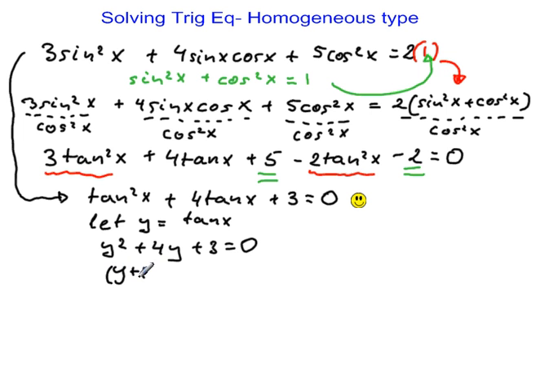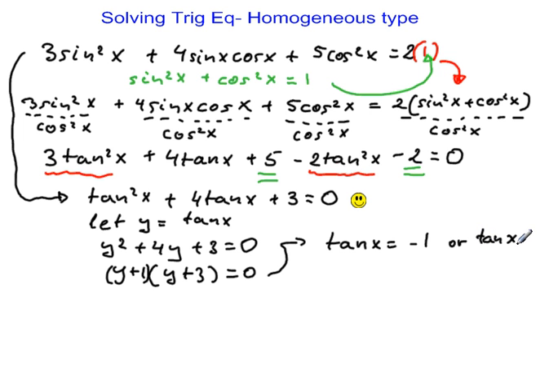If factoring is not feasible, remember, always use the quadratic formula. So you just quickly look at the equation, can do factoring right away, don't feel bad, the quadratic formula. So y plus 3 is equal to 0. So this will give us, converting to a tangent, tan x is equal to -1, or tan x is equal to -3.